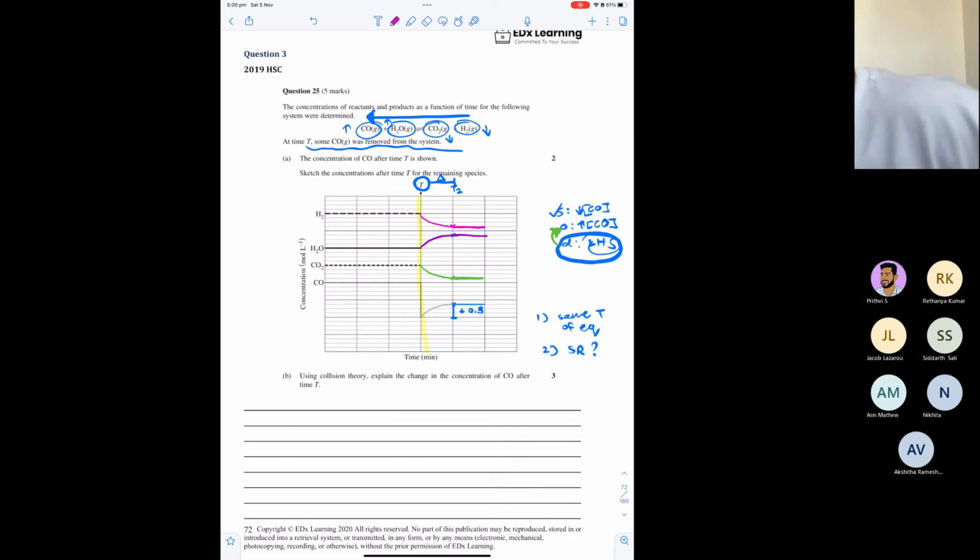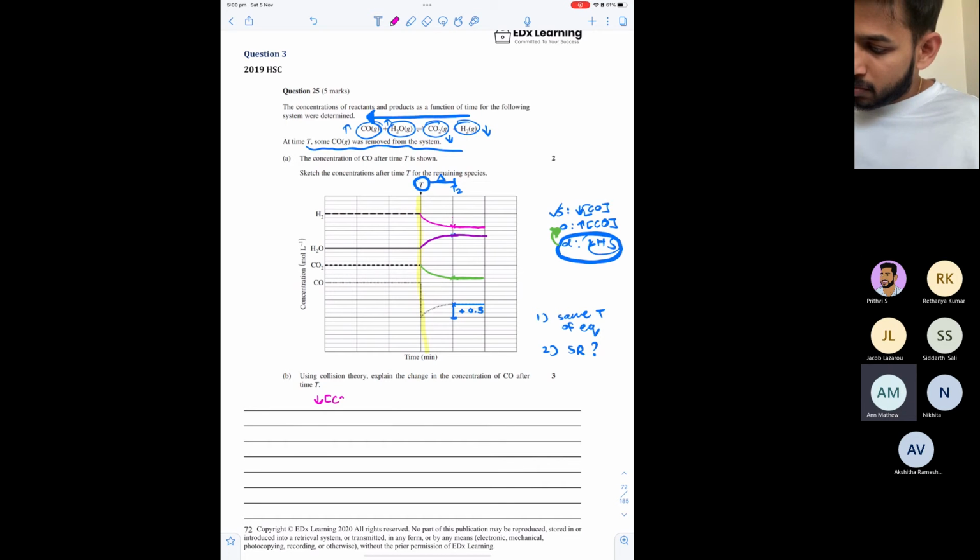Good. Coming back to this, Anne, could I get you to answer 25B for us? Yeah, so I said with a decrease in carbon or CO, there will be a decrease in reactant molecules, which means there'll be a decrease in reactant collisions. So then a decrease in successful reactant collisions. Good. This reduces or decreases the forward reaction.